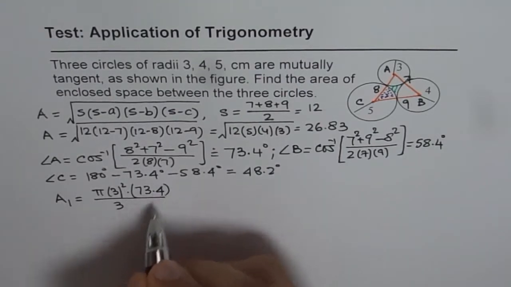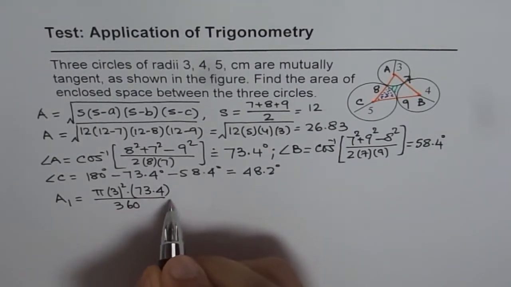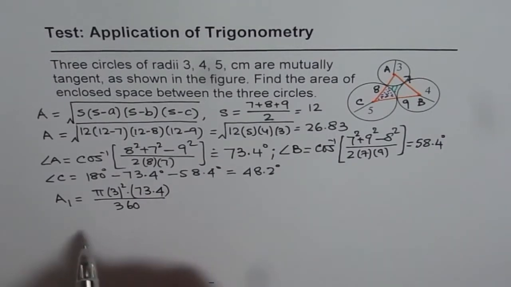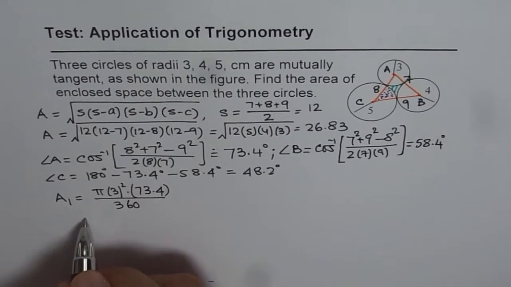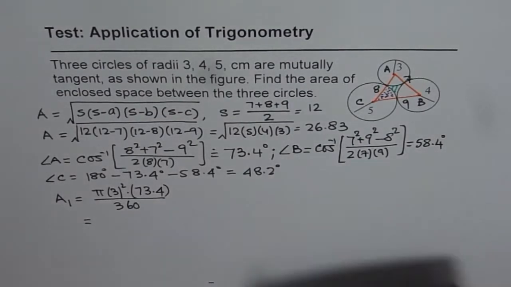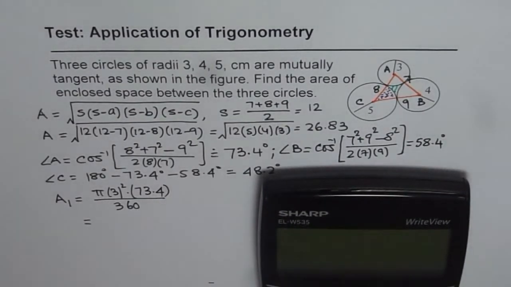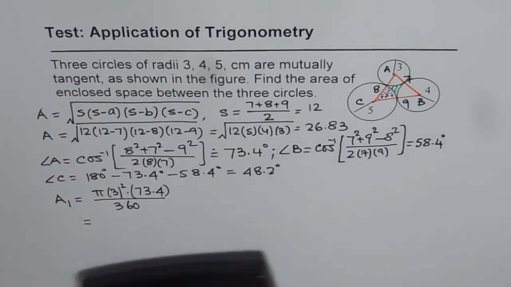Let me put it in brackets, divided by 360. So that is the area of the first one, right? Which is equal to pi times 9 times 73.4 divided by 360. That gives us 5.76.